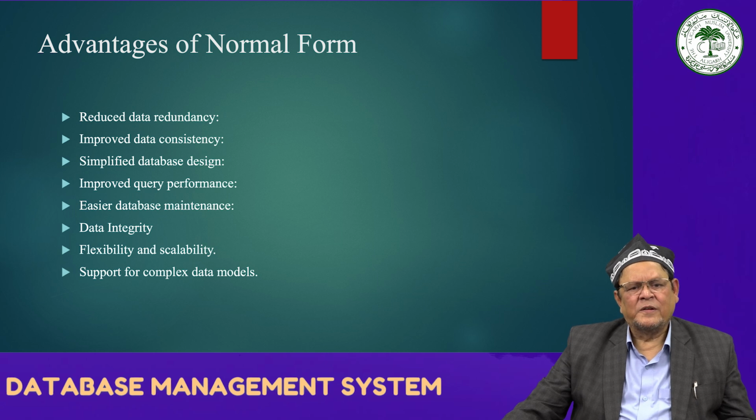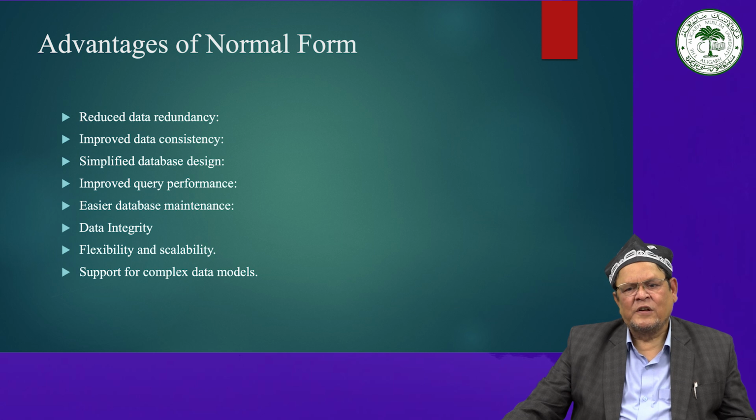Data integrity. Normalization reduces data redundancy and ensures that each piece of information is stored in only one place. This minimizes the risk of inconsistencies and update anomalies such as insertion, deletion, and modification anomalies, which can occur when redundant data is present.